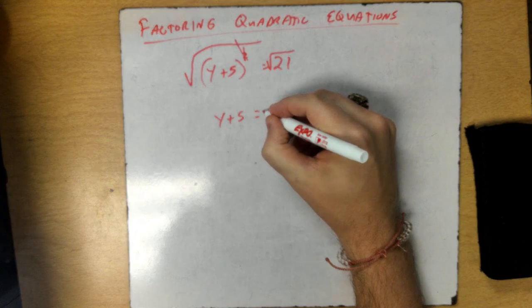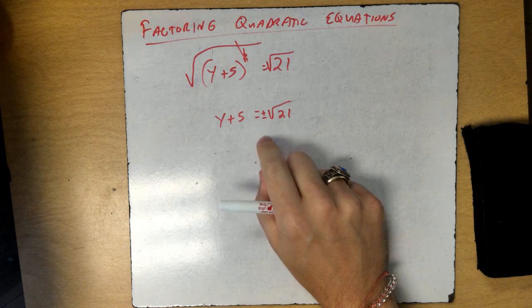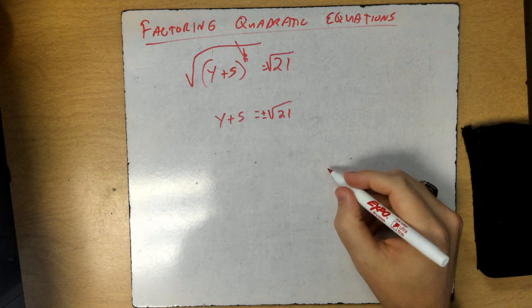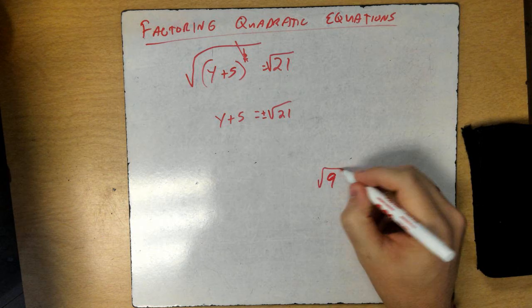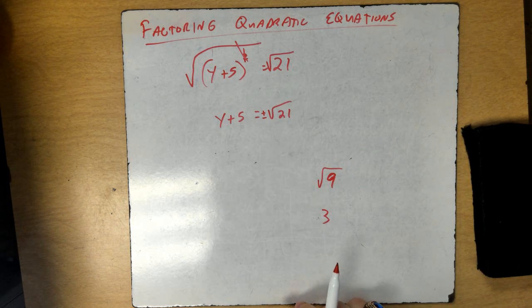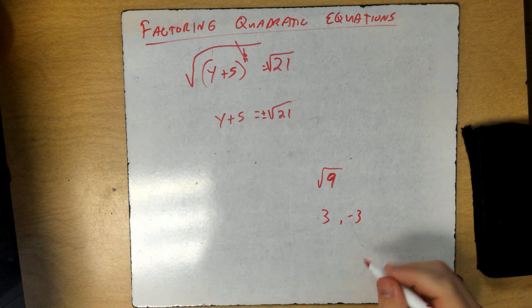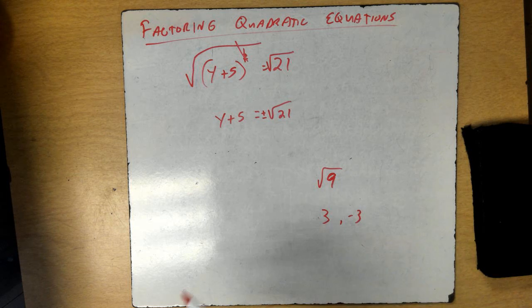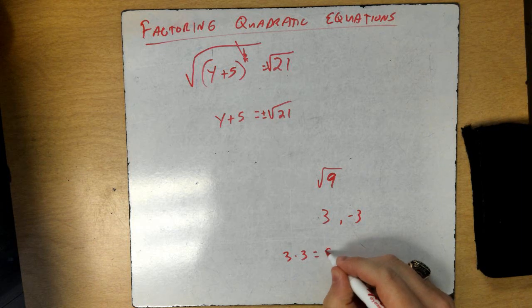And it's going to be a plus or minus. Now, why the plus or minus, you ask? Well, when you do the square root of a number, let's pick a perfect square, let's pick 9. The square root of 9, we know is 3, positive 3. But it can also be a negative 3. Because remember, something that's square rooted, it's the number times itself. So positive 3 times a positive 3 gives us a positive 9.